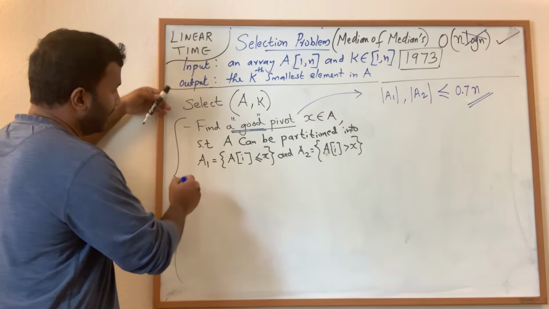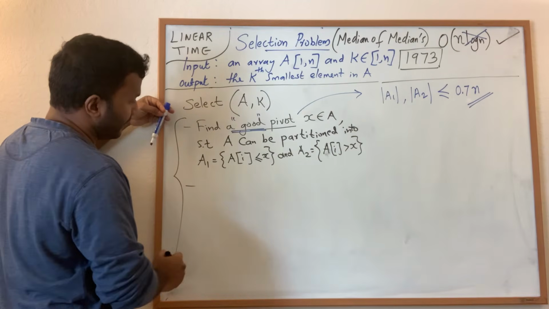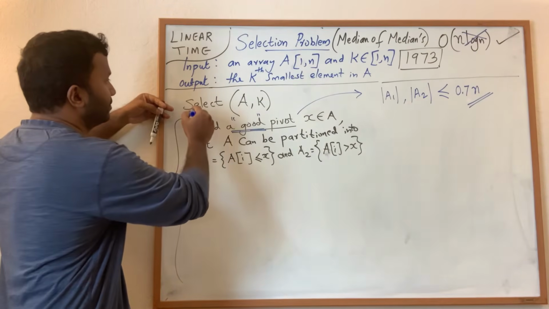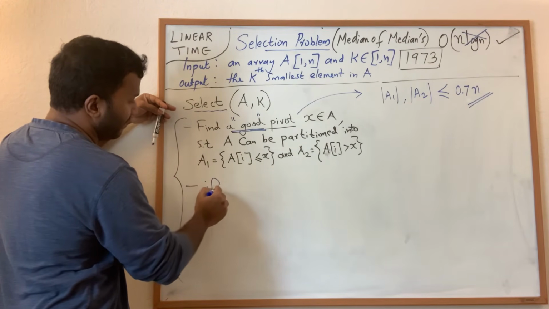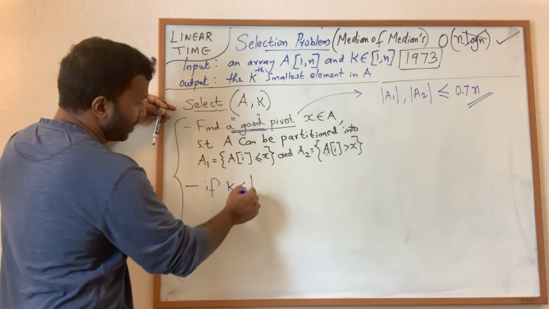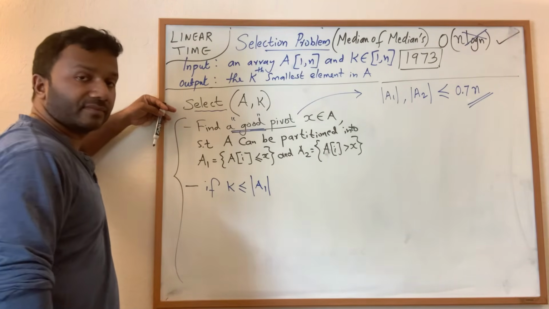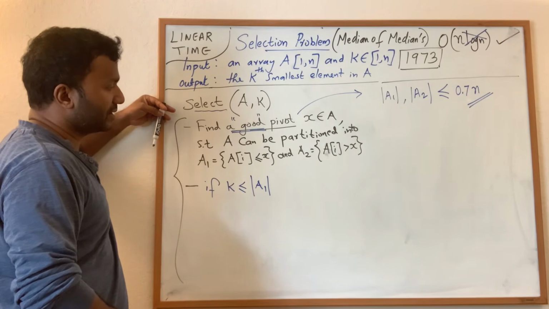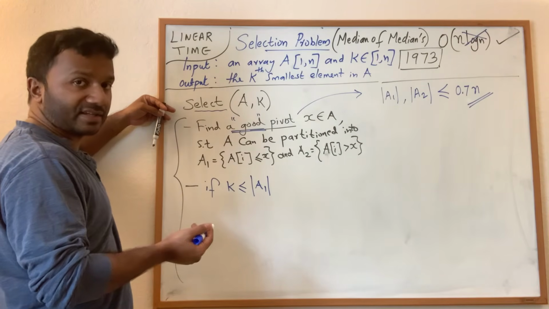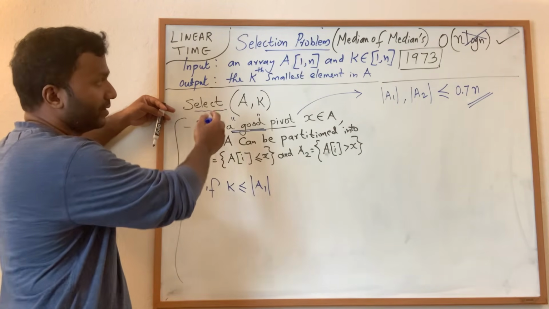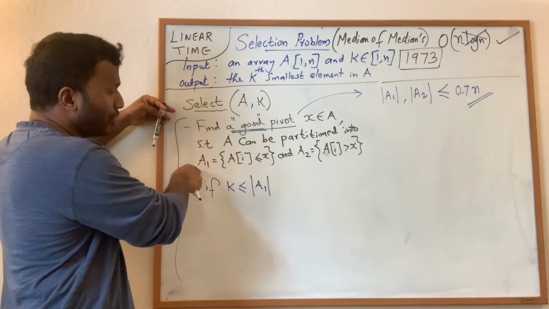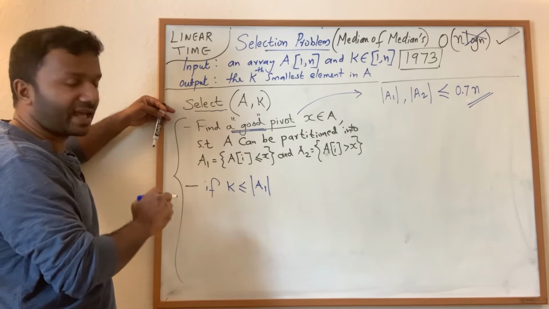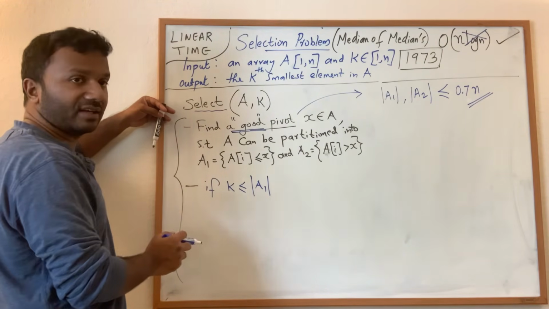Good. Now the next step. I'm coming back to my selection problem. If k is less than or equal to the size of A1, what will happen is the answer which I'm looking for, that is Select(A, k), is going to be within A1, and it is going to be exactly the kth smallest element in A1.